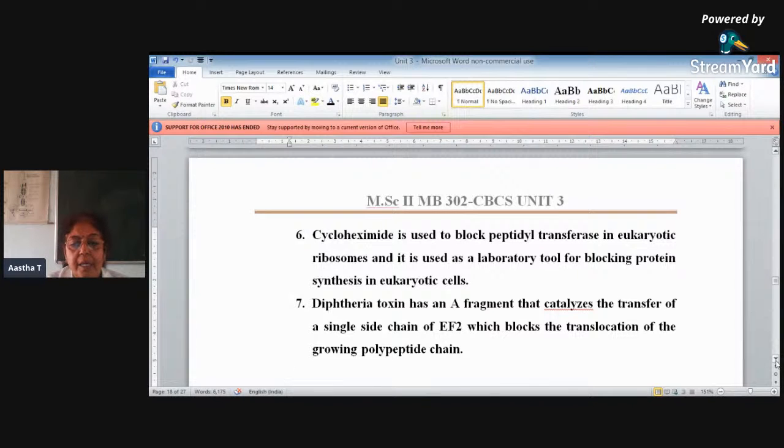Diphtheria toxin is there. This diphtheria toxin has an A fragment which catalyzes the transfer of a single side chain of elongation factor 2 and blocks the process of translocation of the growing polypeptide chain. That means it prevents the amino acid from being translocated, and because of that polypeptide chain synthesis is terminated before it is completed as a whole.